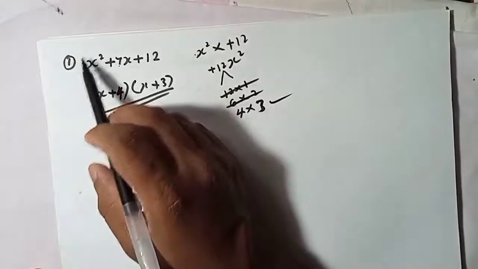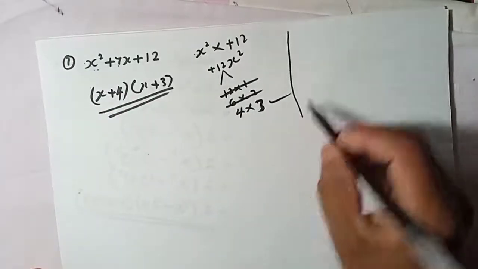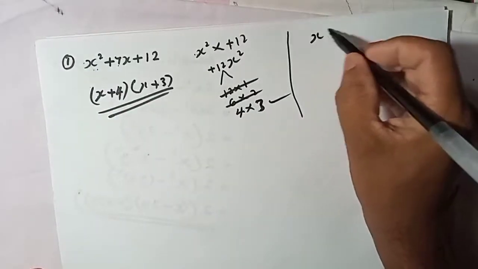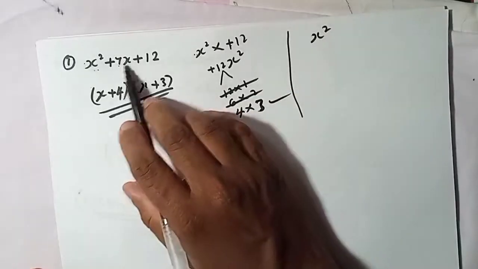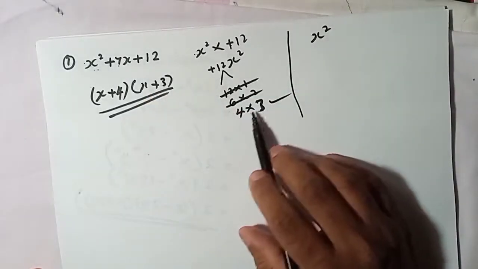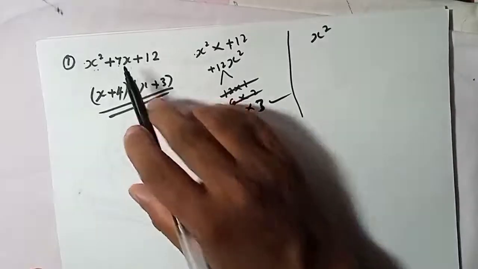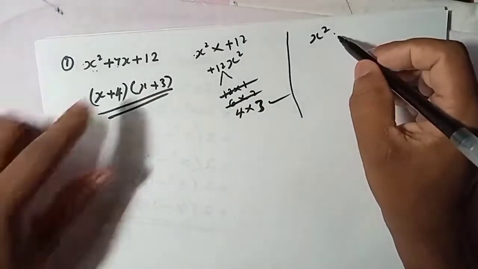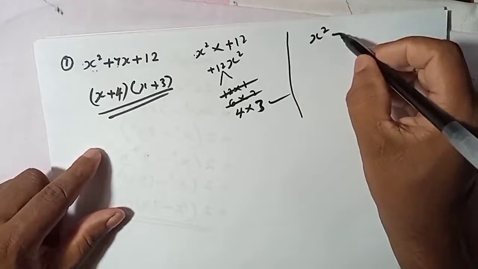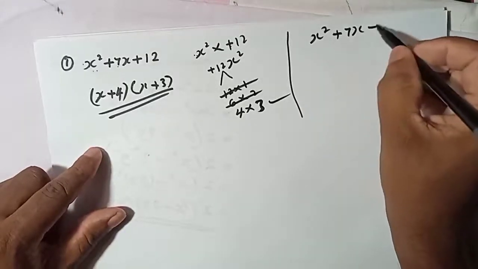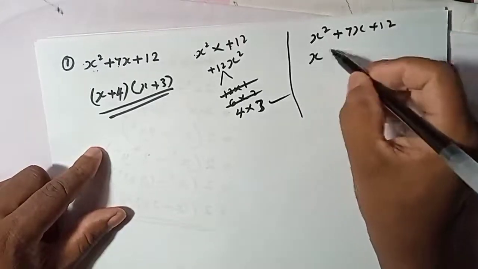Now we will think differently. Then what we do, you should do like this. For this 7x we put these two numbers 4 and 3 with this letter, right? Now I will first write this question again: x square plus 7x plus 12.